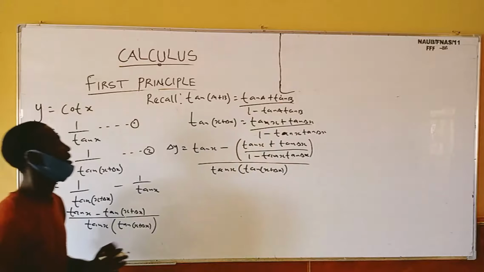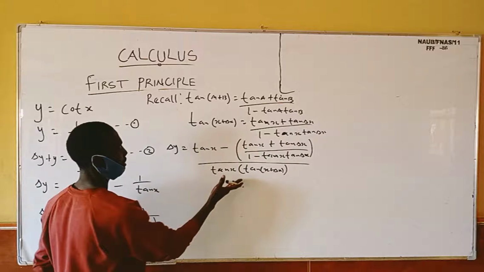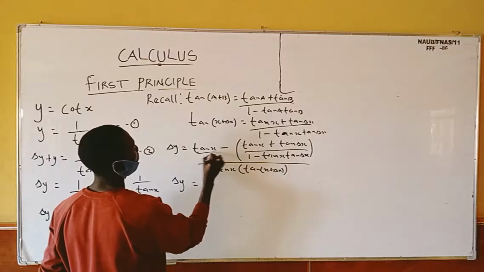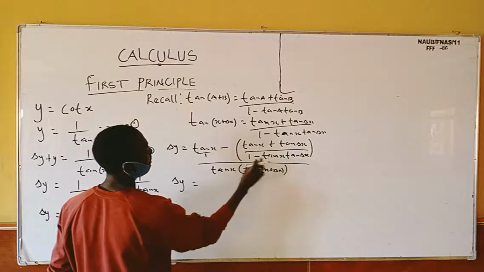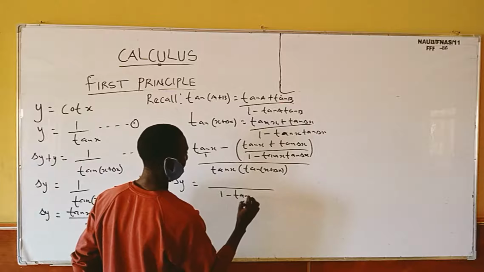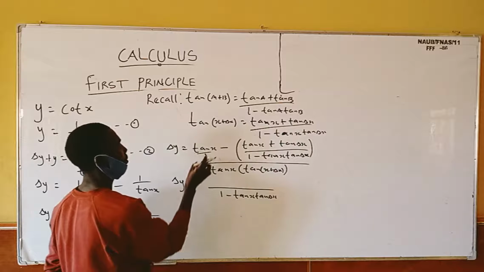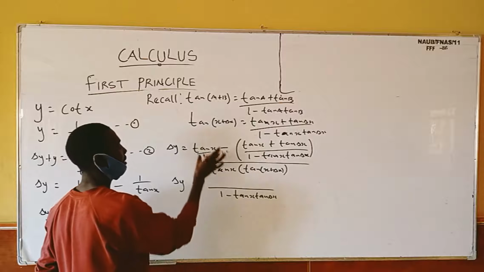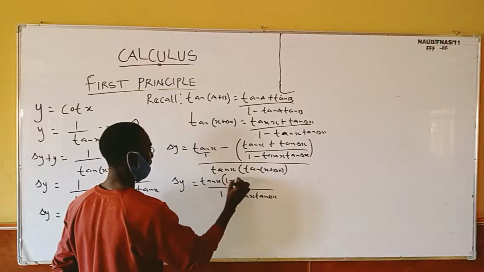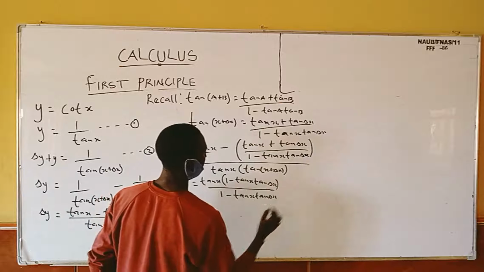Yeah. So now the next thing is, please let's focus on this numerator part first. Then we'll come back to this. Change in y will be equal to, now if I put over 1 here, the LCM of this and this is 1 minus tan s tan change in s. 1 in this is still this, times tan s is tan s into 1 minus tan s tan change in s. Close your bracket.